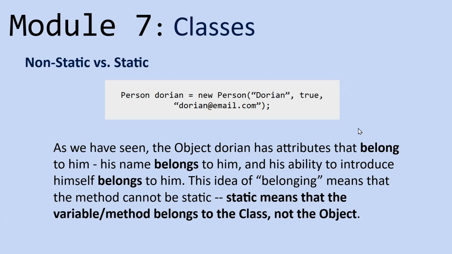Those methods related to those instance variables are all called on the specific object that those things belong to. And so belonging means that it's not static. Belonging to a particular object means it's not static. Static means the variable or method or whatever you're talking about belongs to the class, while non-static, it's only the object.